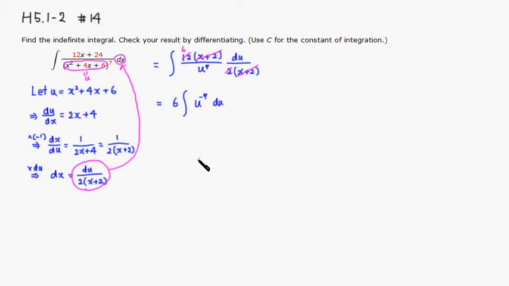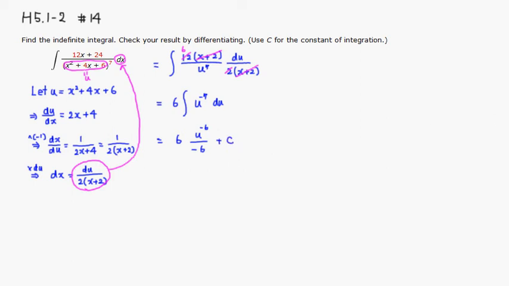Now this is just a simple integration, so we can apply the power rule. We add 1 to the power, so it's u to the negative 7 plus 1, which is negative 6. Then you divide by negative 6, plus some constant c.